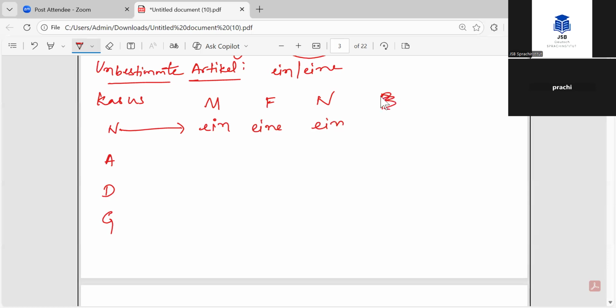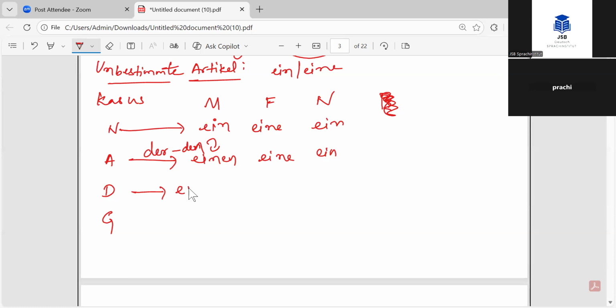There is no plural form for unbestimmt article. For accusative, there will be a change here: einen. Okay. Then we'll say einen. Here same, eine, ein.